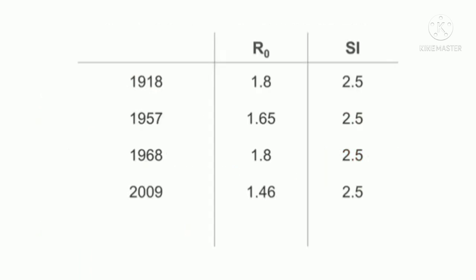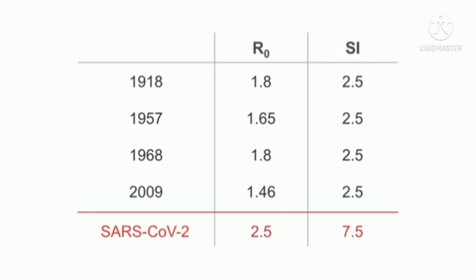So here are the R0s and serial intervals of previous flu pandemics, and if we compare that to those of the SARS-CoV-2, we see that the coronavirus has a worse R0, meaning that one patient infects more individuals than is the case for influenza. On the other hand, the serial interval for the coronavirus is longer, which might buy us some time.